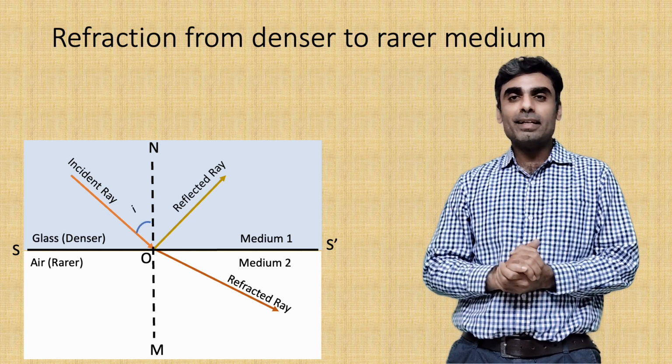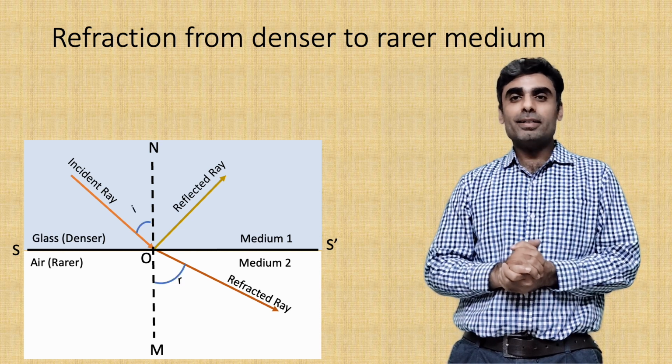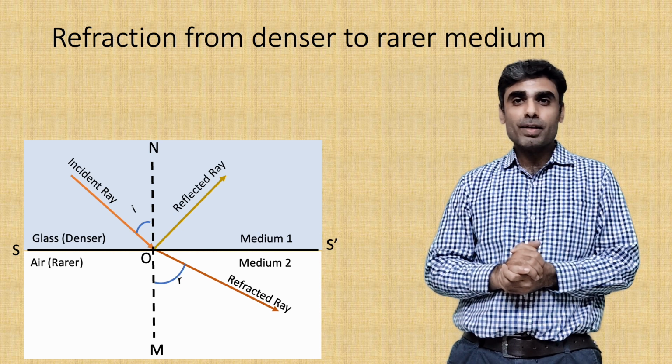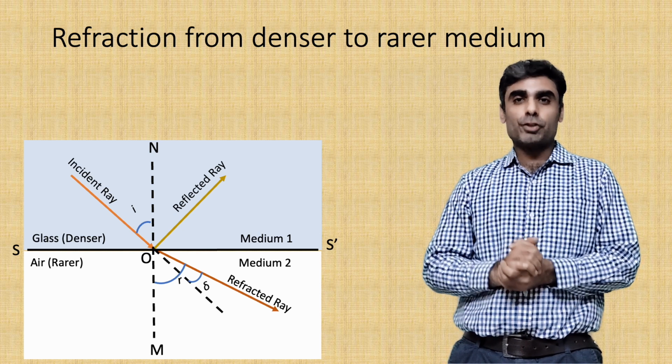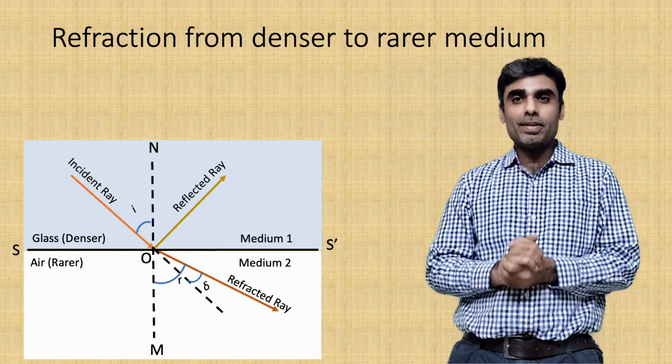Again, I is the angle of incidence, R is the angle of refraction, and delta is the deviation of the refracted ray.